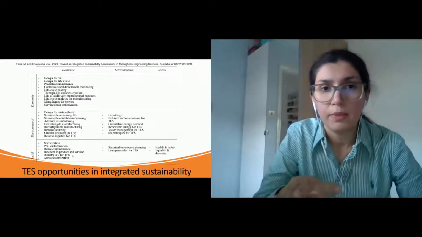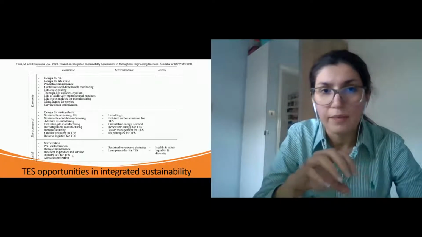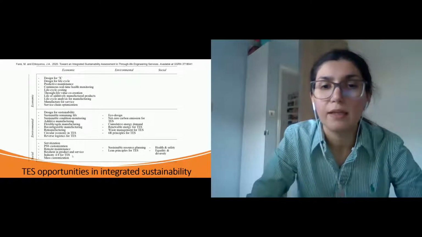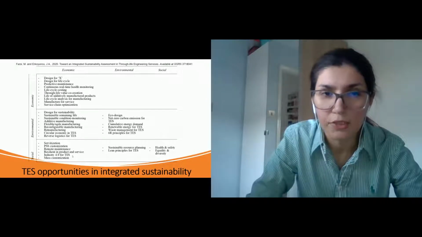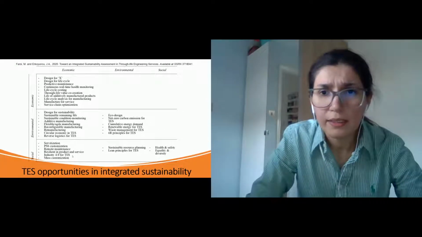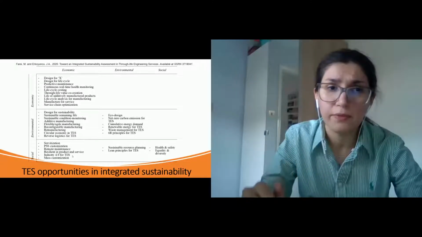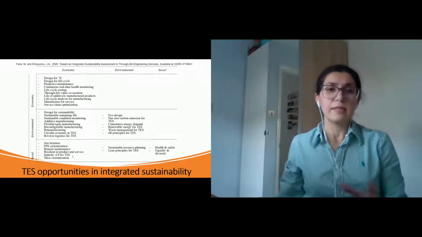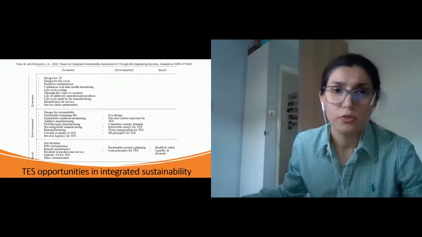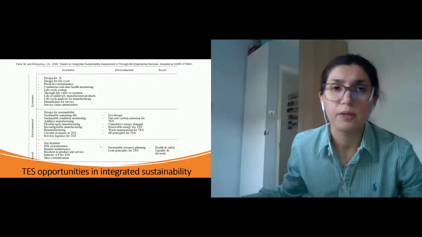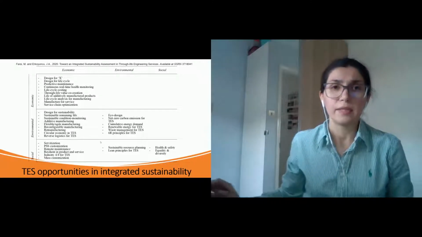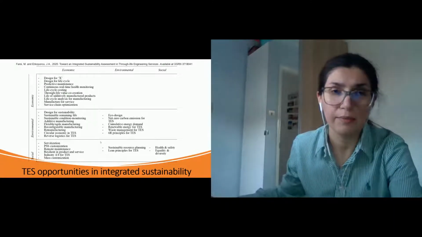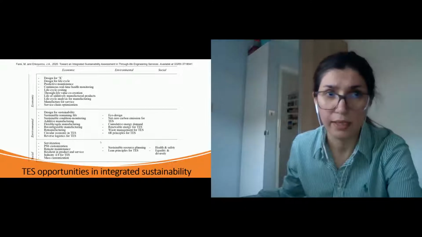As you can see from this matrix, as we are moving toward the social aspects, we can see that there are less works and less considerations toward the social aspects, and also the correlation between the social and, for example, environment. And these maps lead us to coming up with some recommendations for future research and future studies and works around the integrated sustainability assessment for TESS.